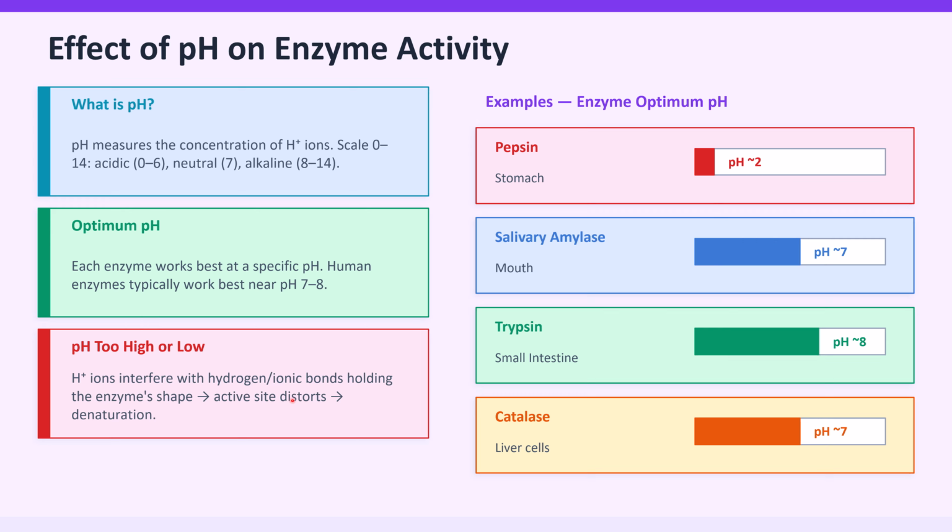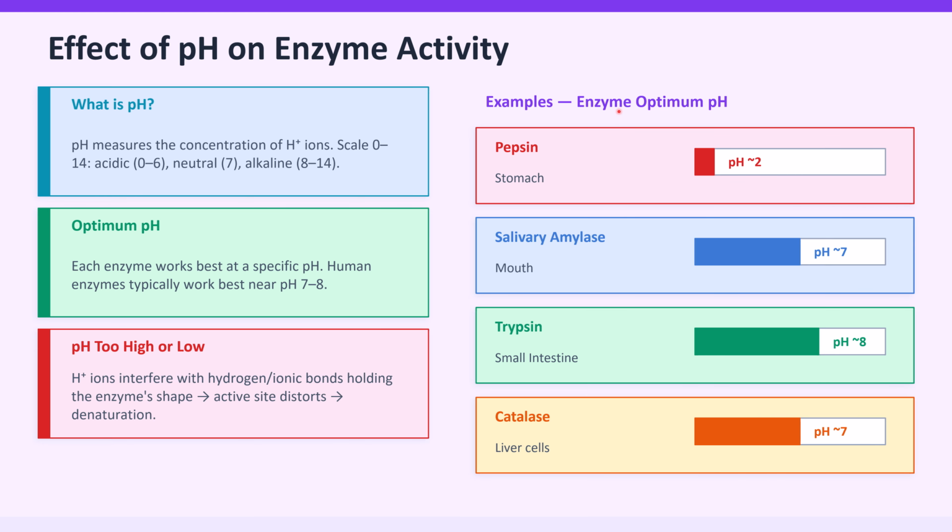Those H-positive ions start to interfere with the hydrogen and ionic bonds that hold the enzyme's 3D shape together. Just like with high heat, the active site distorts and changes shape. This is denaturation. Once the active site is distorted, the substrate can no longer bind and the reaction stops.